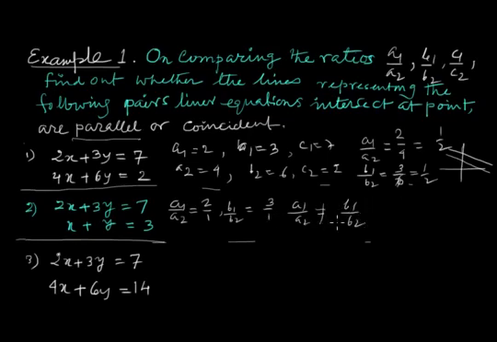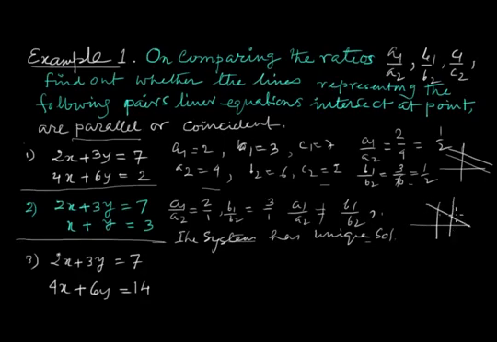Since A1 by A2 is not equal to B1 by B2, the system is consistent and it has a unique solution. And their graphs meet at a point. The values of x and y at this point P are the solutions.